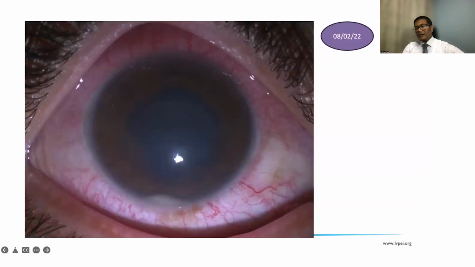This picture is very typical of probably an HSV stromal keratitis, which is immune mediated. Nevertheless, it's always important to scrape and look for any organisms.